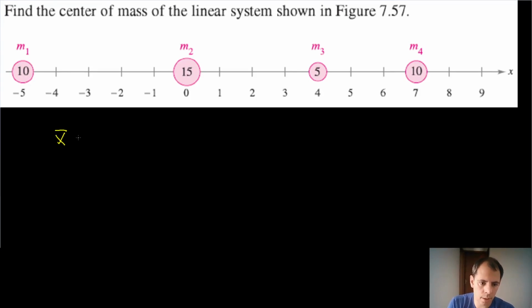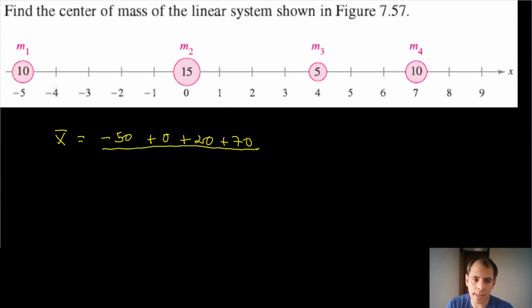So x bar is going to be 10 times minus 5, which is minus 50, plus 15 times 0, so it's 0, plus 5 times 4, which is 20, plus 10 times 7, which is 70. So here you have 90 divided by the sum of all the masses. So you have 10 plus 15, 25, plus 5, 30, plus 10, 40.